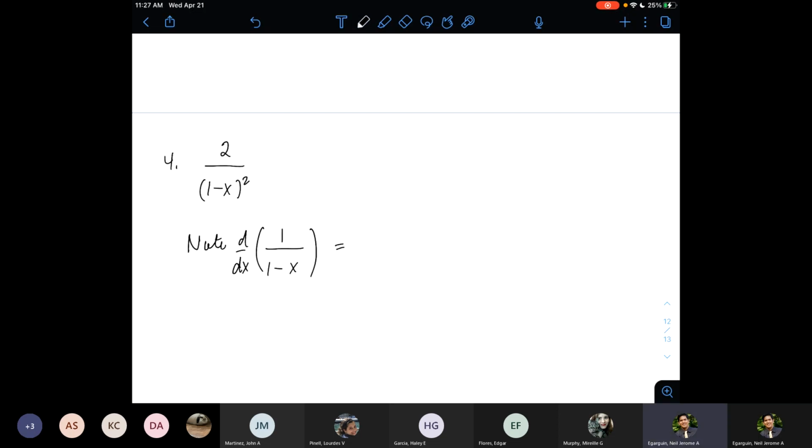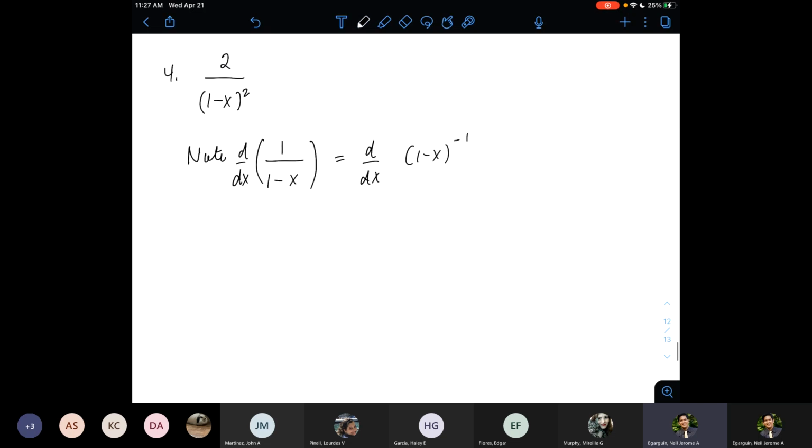This looks like 1 minus x to the power negative 1. If I differentiate this, I'll get negative 1 minus x to the power negative 2 times negative 1 by the chain rule. So this simplifies to 1 over 1 minus x quantity squared, which is a lot similar to what we have here.